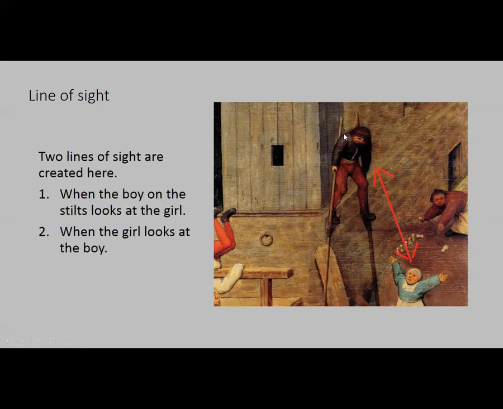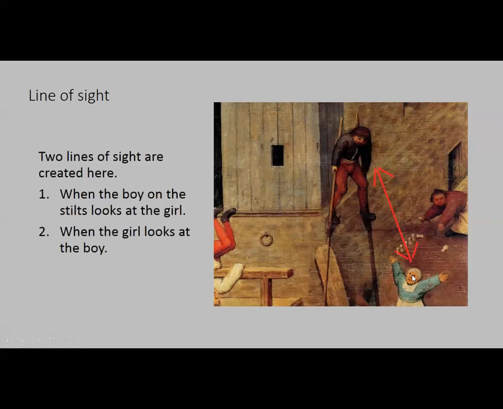The boy on the stilts is walking toward the girl. The girl is gesturing toward the boy. Now that, in that case, is an implied line. The boy's stilts, see the long continuous line, that's a directional line. And that makes us look from the bottom all the way to the boy's hand. Here's another directional line. It's a continuous line that leads us straight to the boy.